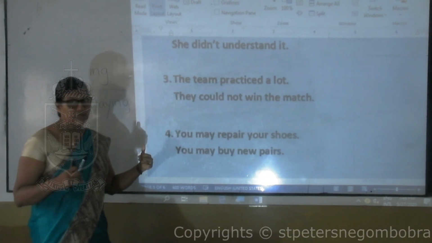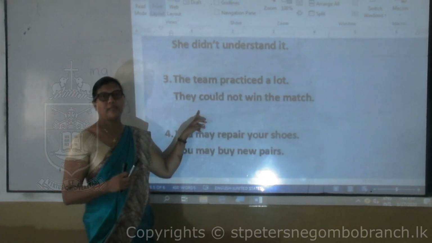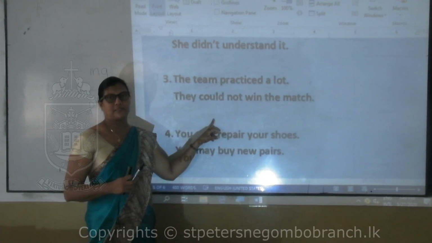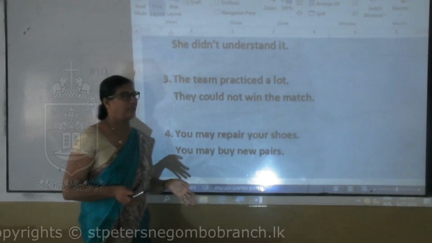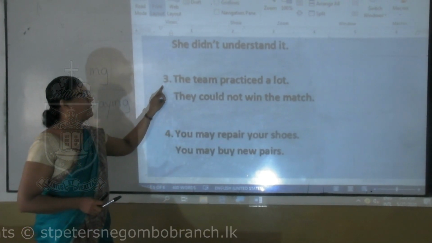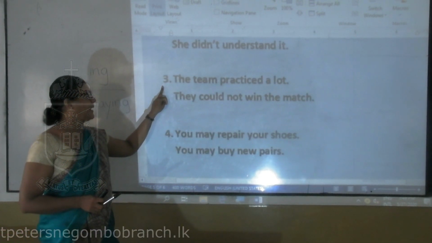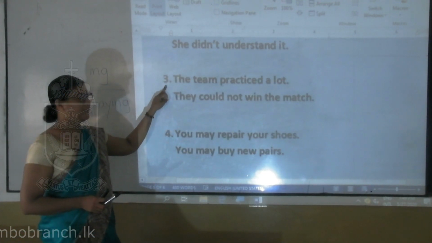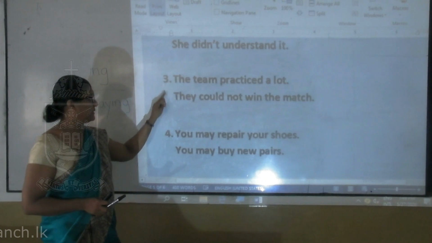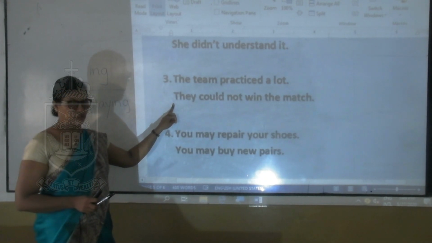So the ideas are contrasting. Therefore, we can use "but" to combine these two sentences and make one meaningful sentence like this: The team practiced a lot, but they could not win the match.